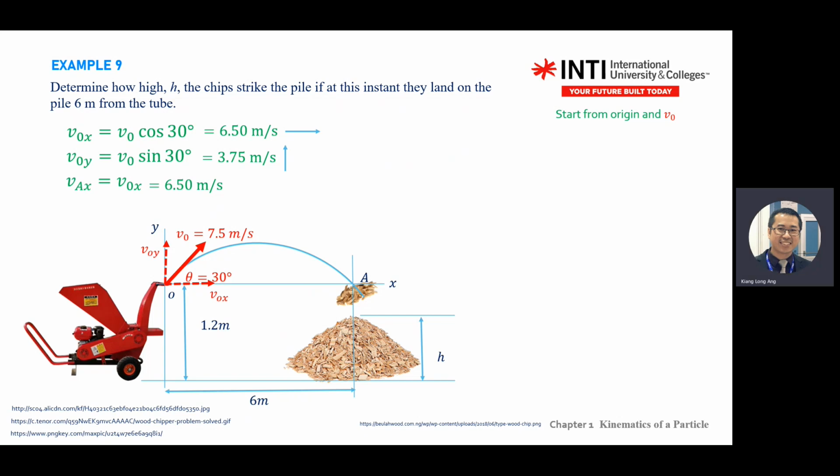So your Vx is 6.5. And in your diagram, remember to draw the direction of your acceleration going down. This is a free mark. If you draw this, you'll get 1 mark.